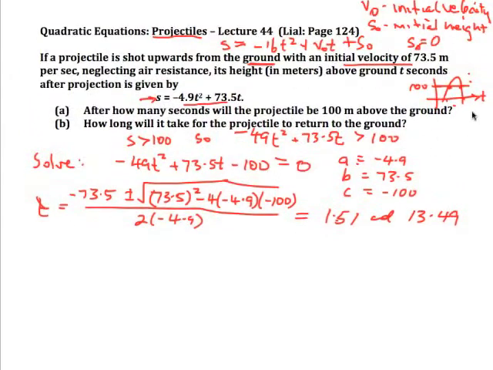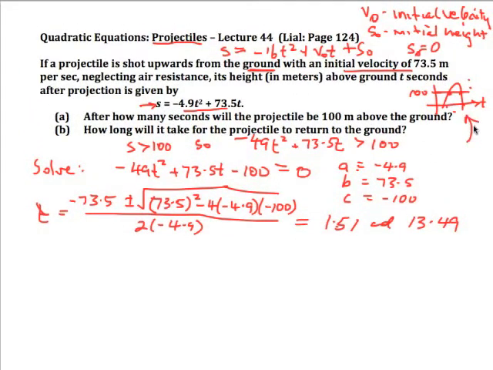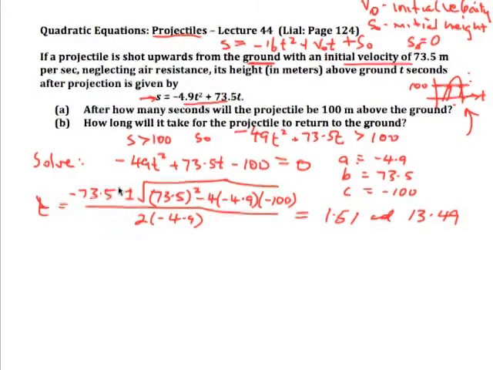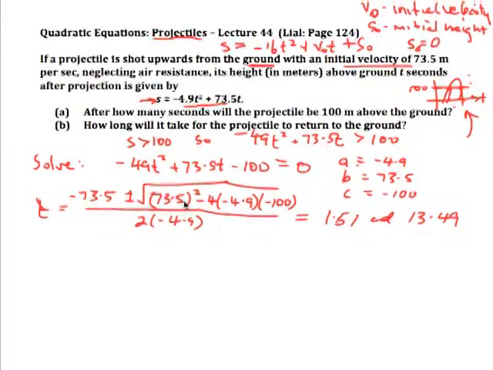To check, coming back to our picture here, it's not hard to see that at these positions here and here, in between these two it's going to be above 100 meters. You can actually check that.